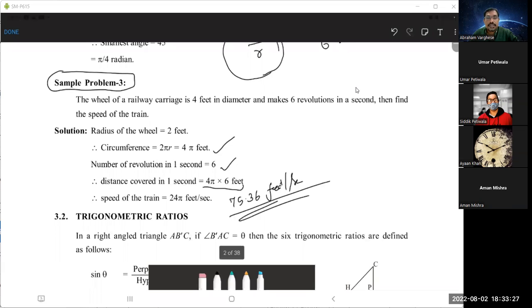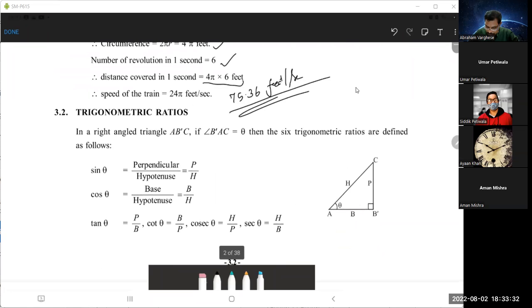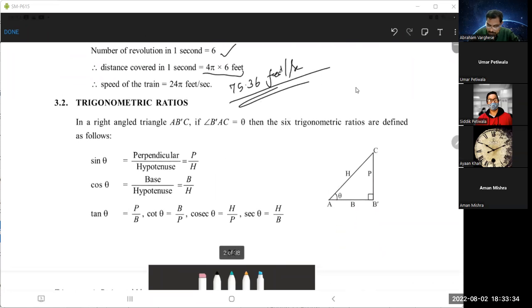Continue now. So now slowly we move to trigonometric ratios. Already we discussed this one, no need for further explanation. Usually whenever we discuss trigonometric ratios, we take the right triangle, with the hypotenuse, the side opposite to the 90-degree angle, and the adjacent side and opposite side.